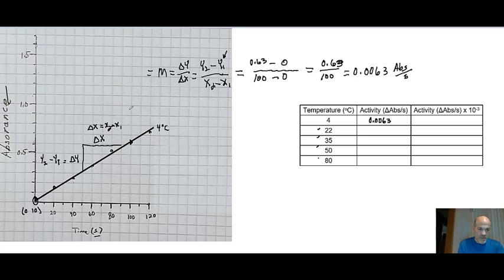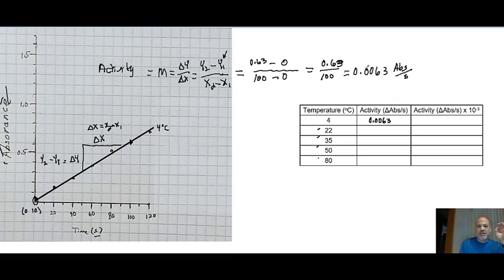But when that quantity that's changing with time has to do with the reaction associated with an enzyme catalyzing the reaction, then the slope in this context has a meaning, and so this would be referred to as the activity of the enzyme. So enzyme activity is the slope. In this particular experiment, it was 0.0063 absorbance units per second.